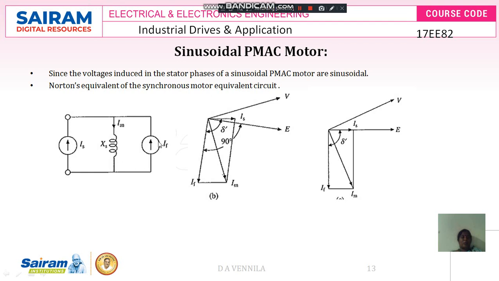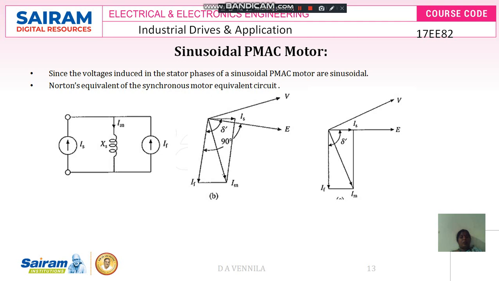This is the synchronous motor equivalent circuit that we have displayed. Here E is the induced EMF, IS is the reference current, and V is the applied voltage.